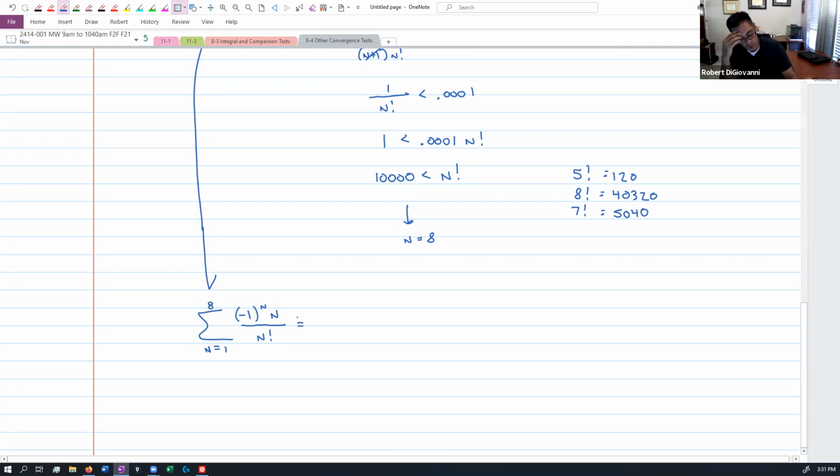So I plug in 1 and we get a negative number, -1. If we plug in 2, we get positive, with 2 on top and 2 on the bottom, so you get another 1. Then a minus, now we plug in 3, so we get 3 over 3 factorial. So we get -1 plus 1, and we want to do the first 8 of these.